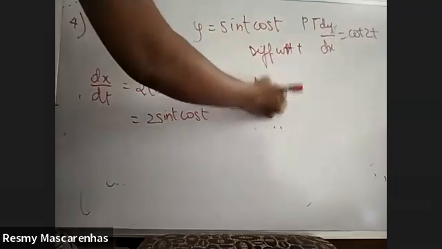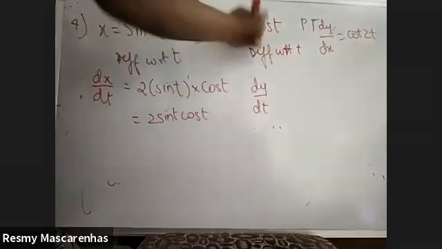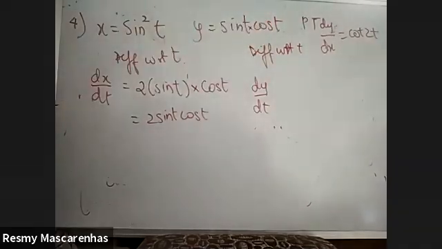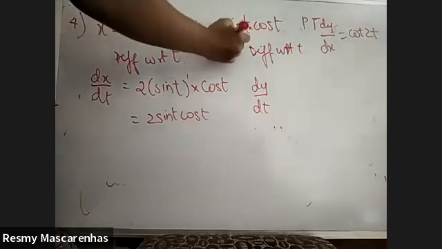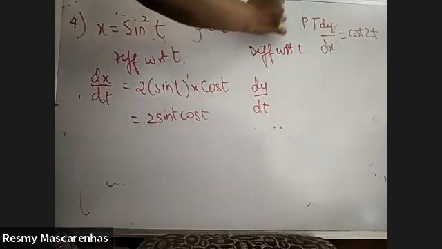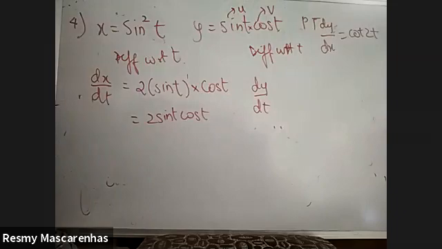So dy upon dt. Now it is what? Multiplication is there between both the terms. So this one is u into v form. U into derivative of v plus v into derivative of u.